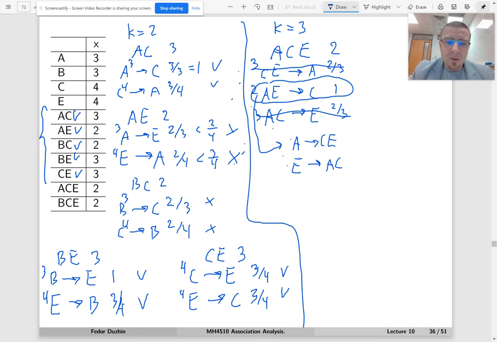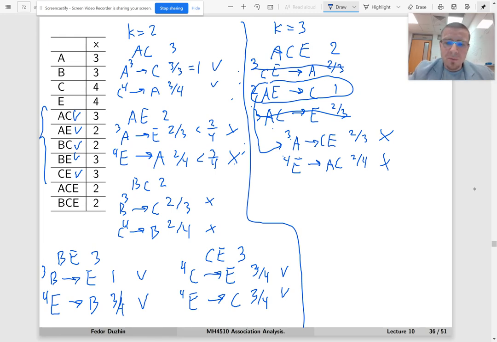Okay, so the count of A is 3. The count of E is 4. So here the confidence is going to be 2/3. Here it is 2 over 4. Both of them are below the threshold, so we do not include them. Okay, that's it for ACE.